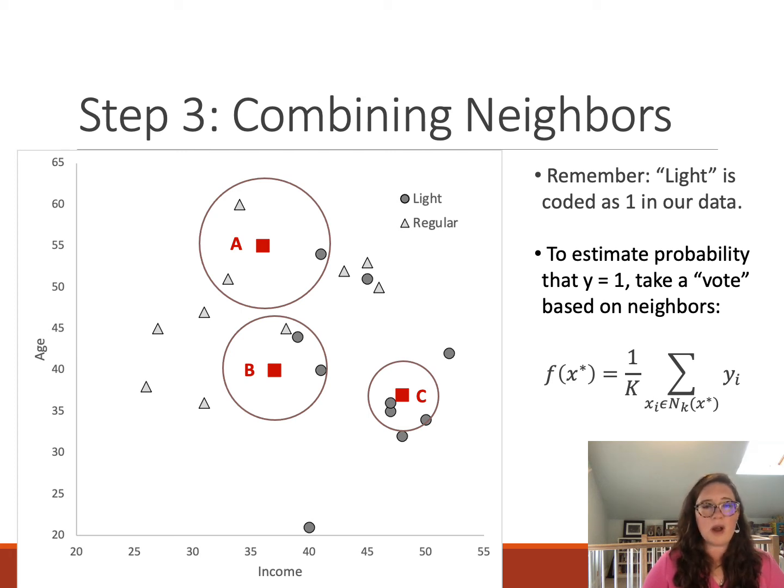So the probability that person A likes light beer is 1 out of 3. For person B, it's 2 out of 3. And for person C, it's 3 out of 3, or 100%. So we take the average of their votes to get the estimated probability that they prefer light beer.